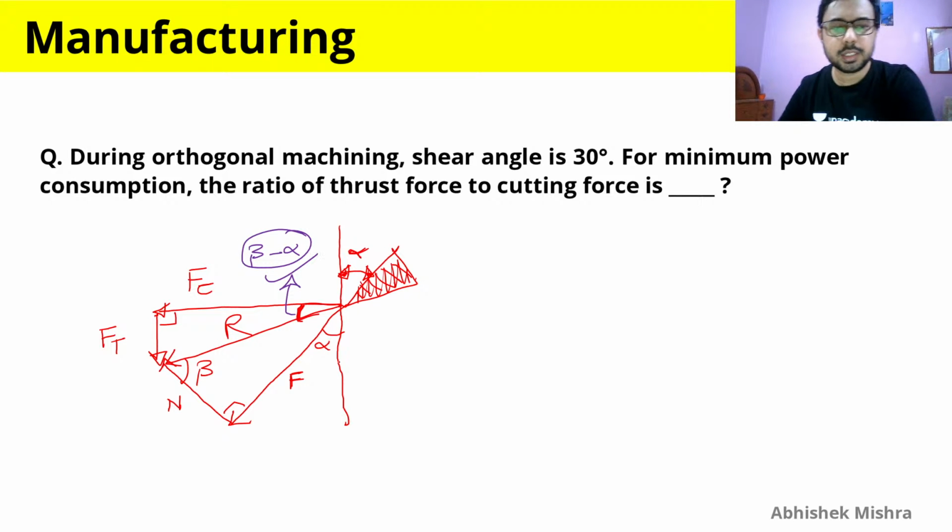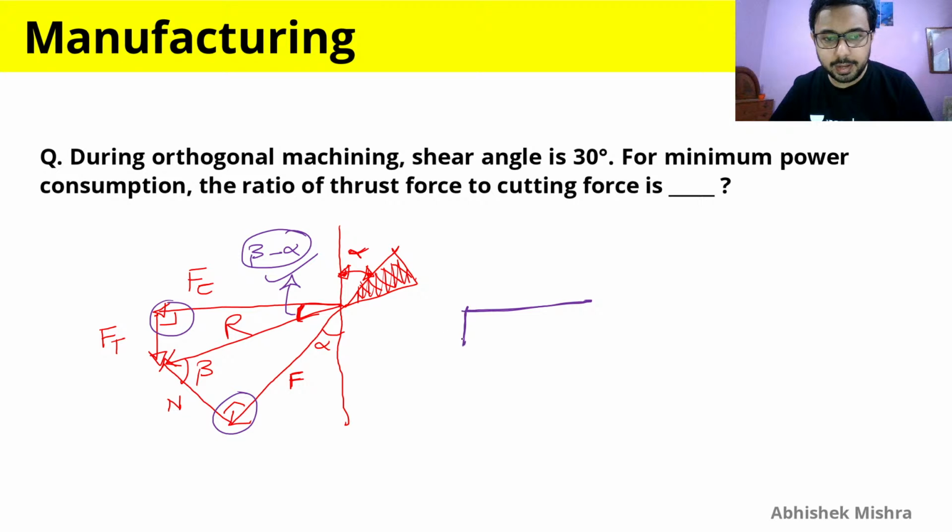How is this beta minus alpha? As you can see, this is beta, this is alpha, this is 90 degrees. So this angle will come out as beta minus alpha, and this is also 90 degrees. Now we will consider this Ft and Fc triangle.